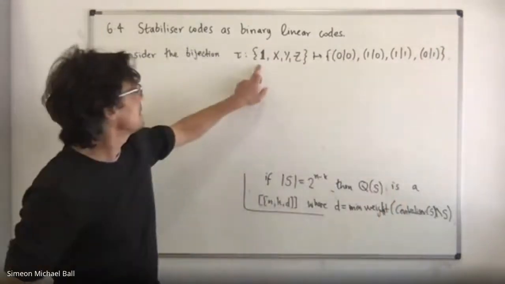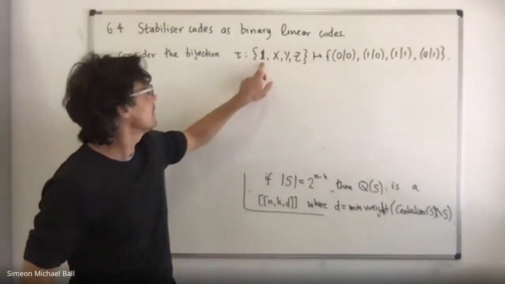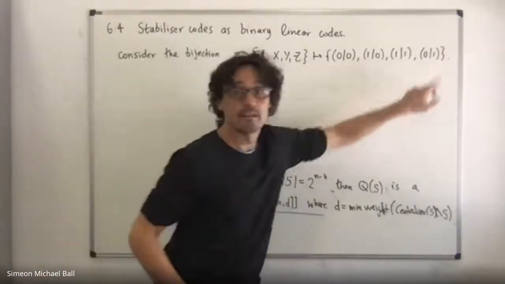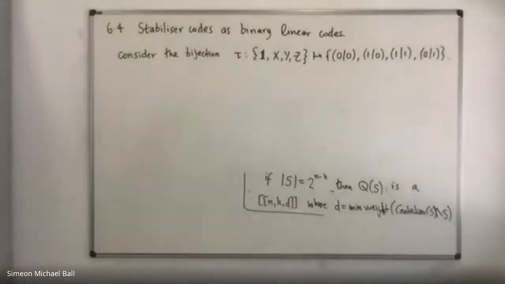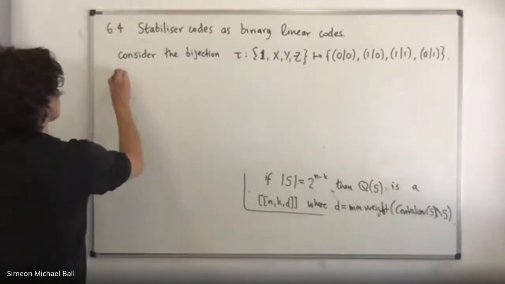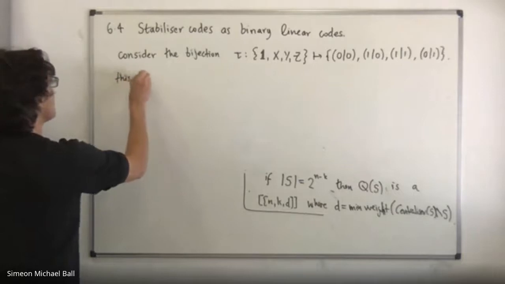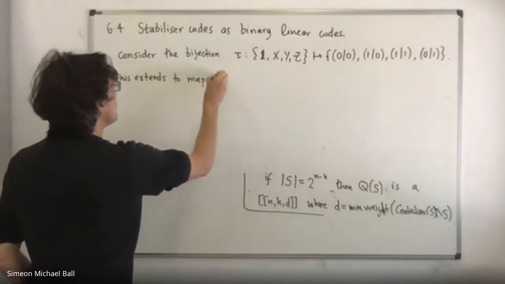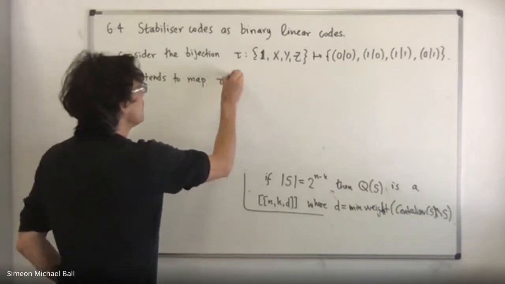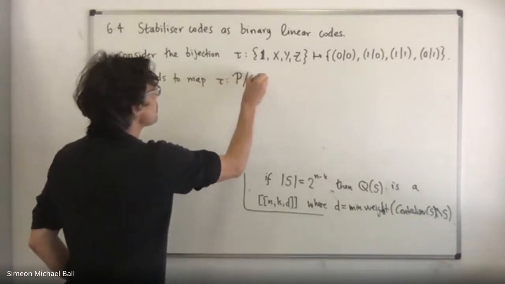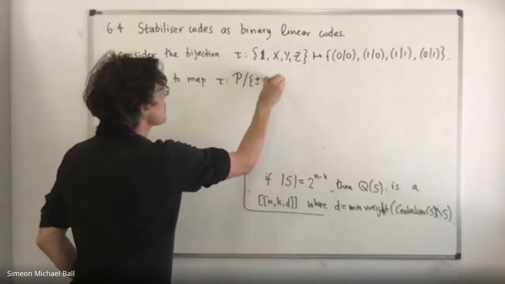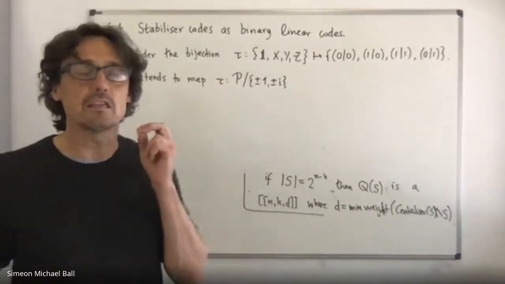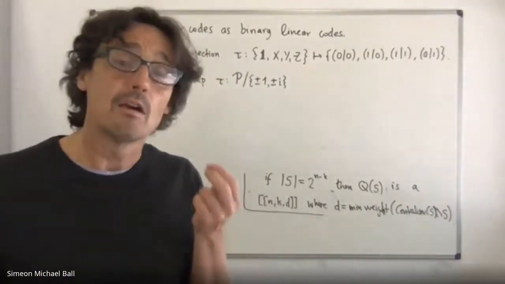Okay, so what I mean by this is the image of tau of the identity, tau of x, tau of y, tau of z. So this then extends from curly P, and now we quotient out by those annoying plus and minus 1 and plus and minus i coefficients. So I'm just going to ignore all the things out front. I'm just going to take pure, if you like, Pauli operators.